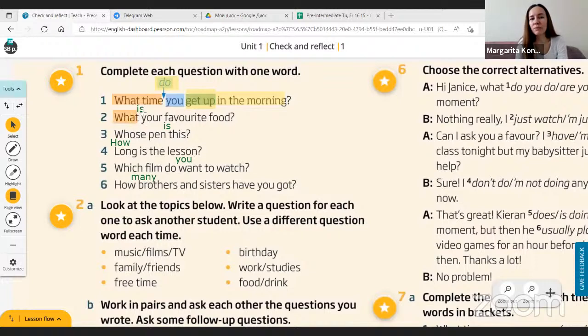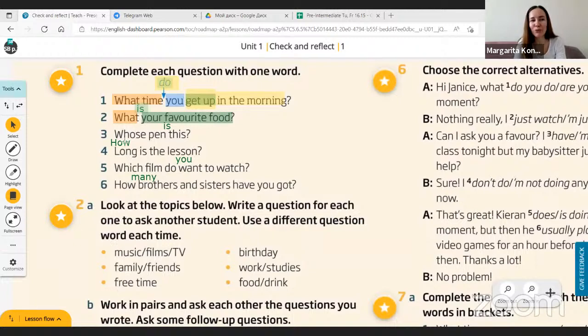Then comes to be. To be, very good. After to be comes subject, very good. And if we have it, then comes extra information. In this case, we do not have it, right? Okay, nice.